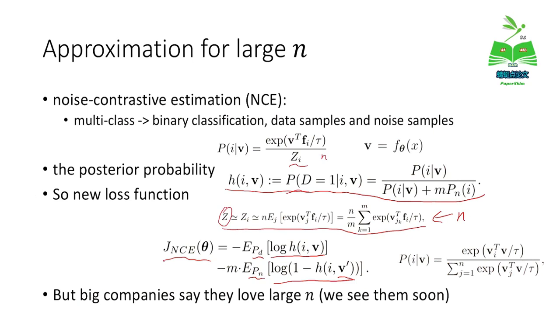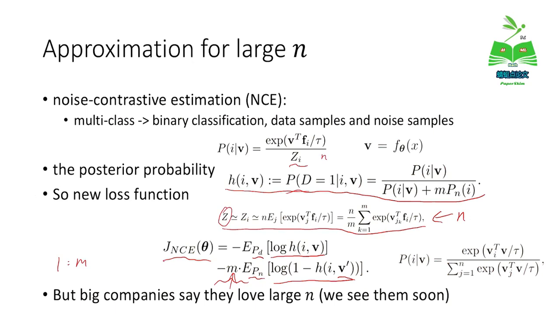And we compute the expectation with the m. For one data sample, the noise samples are m times more frequent than the data sample. So this is the noise contrastive estimation.